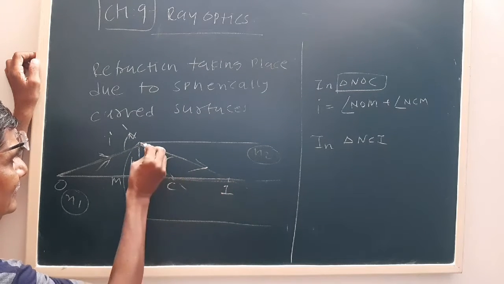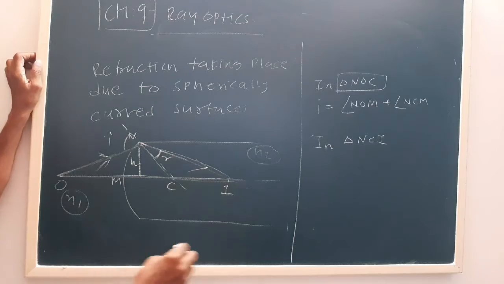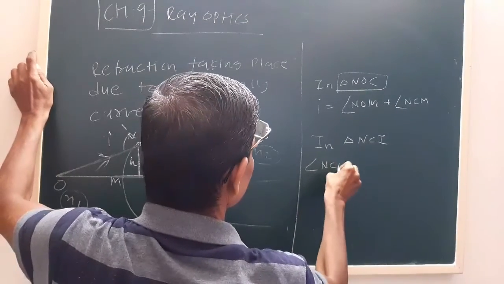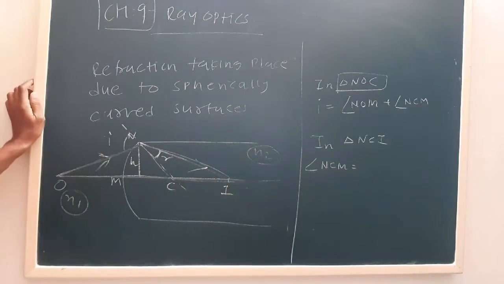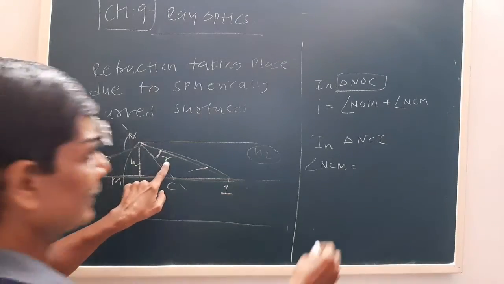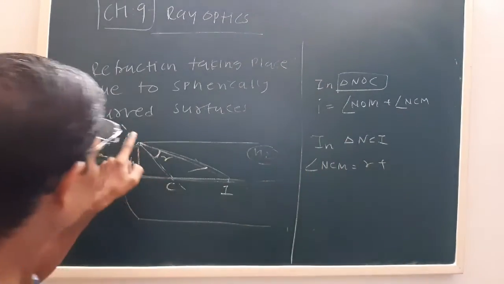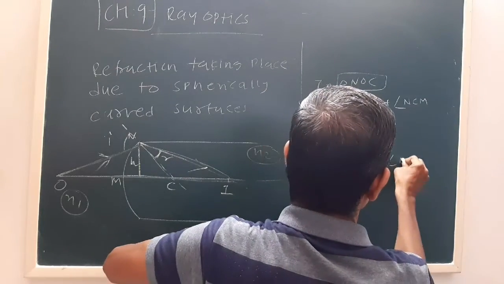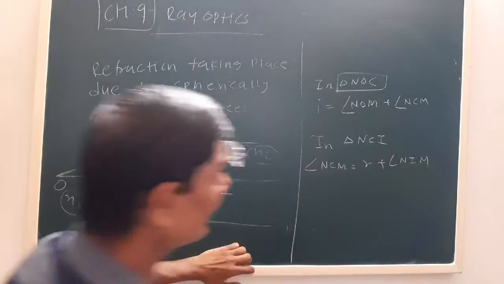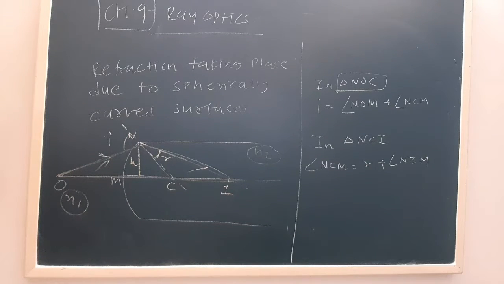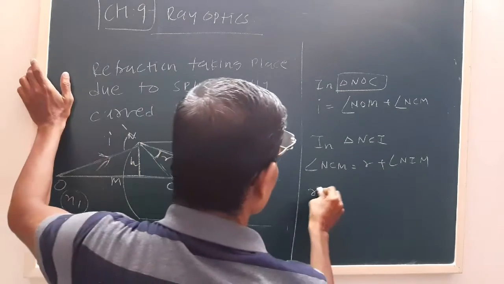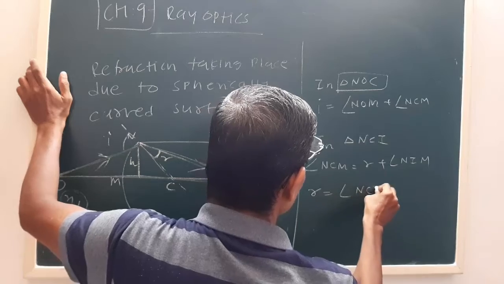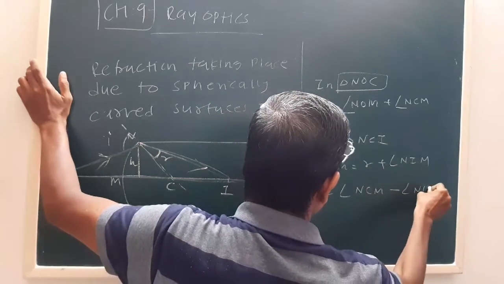So angle NCM is R plus angle NIC or NIM. You can write NIC or NIM, they are the same. So R is equal to angle NCM minus angle NIM.